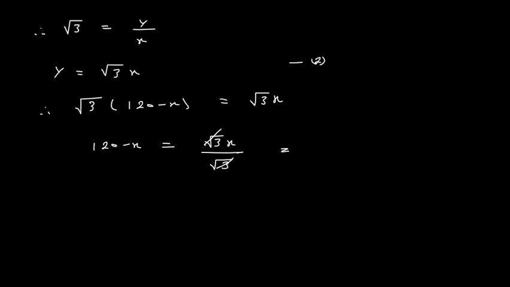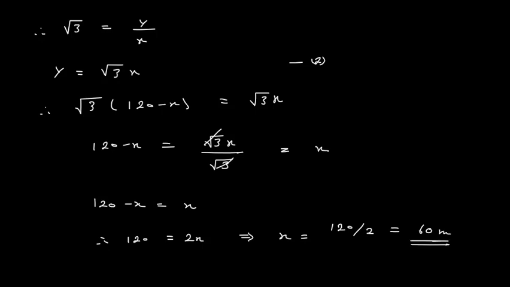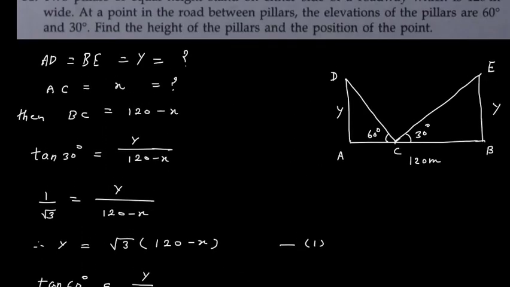So this root 3 and root 3 will cancel and I will get x. So 120 minus x equals x. Therefore 120 equals 2x. So x is equal to 120 divided by 2, which is 60 meter. So the value of x, that is AC, is 60 meter.